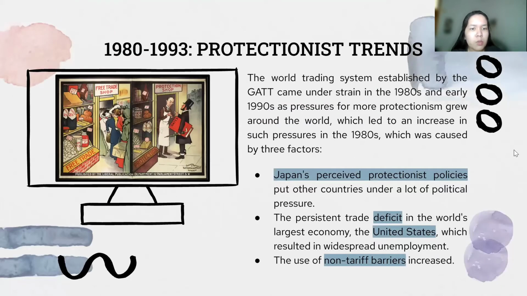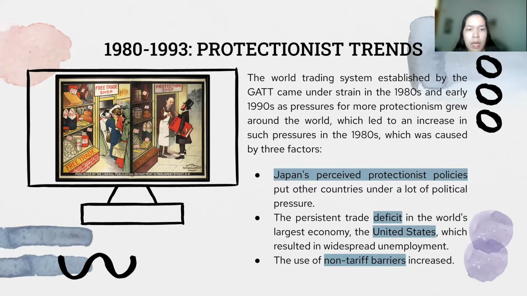Okay, next, we enter the years 1980 until 1993: protectionist trends. The world trading system established by the GATT came under strain in the 1980s and early 1990s as pressures for more protectionism grew around the world, caused by three factors.